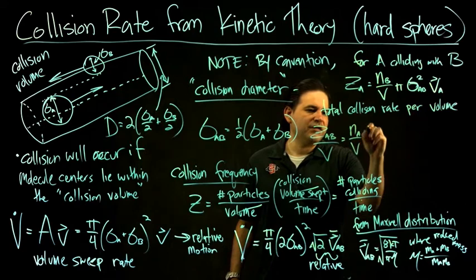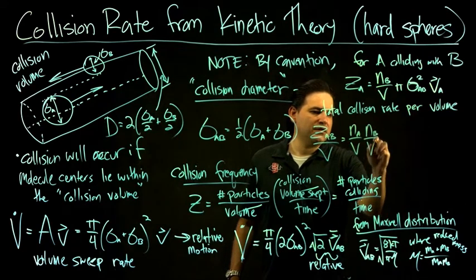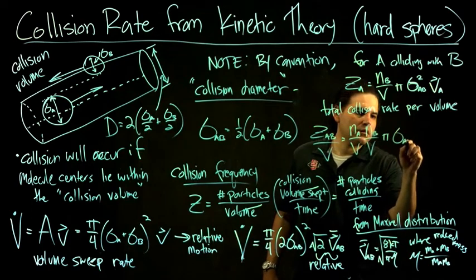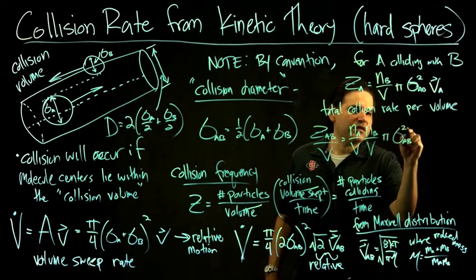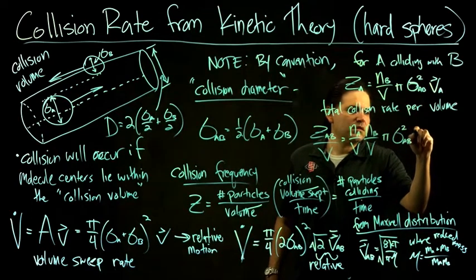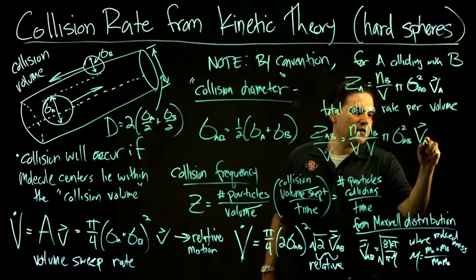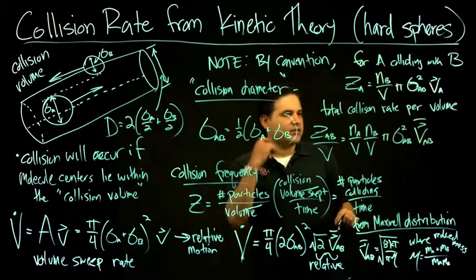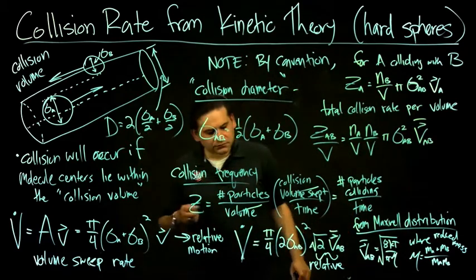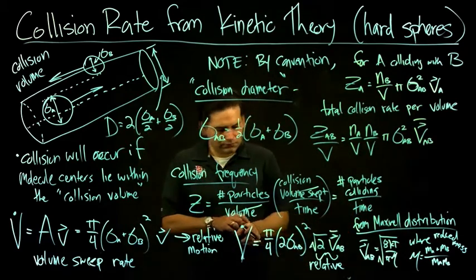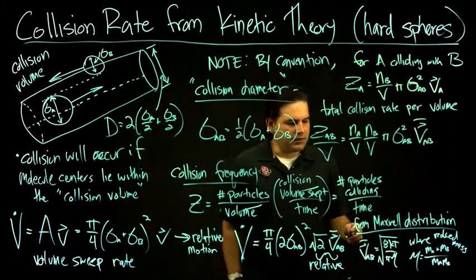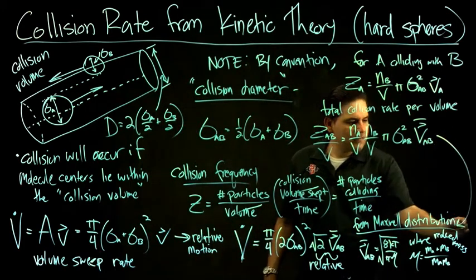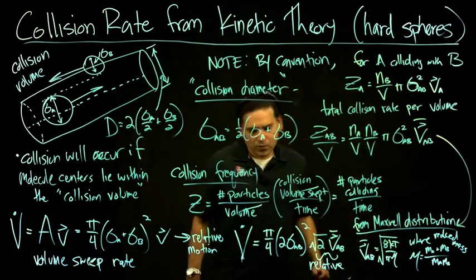The number density of A and the number density of B contribute. And their relative motion in terms of this relative velocity is what contributes. Where this can be given from the Maxwell distribution. Okay.